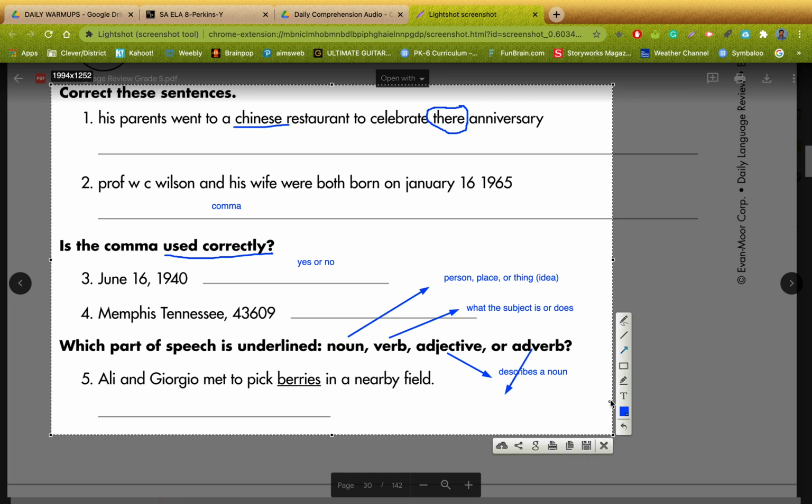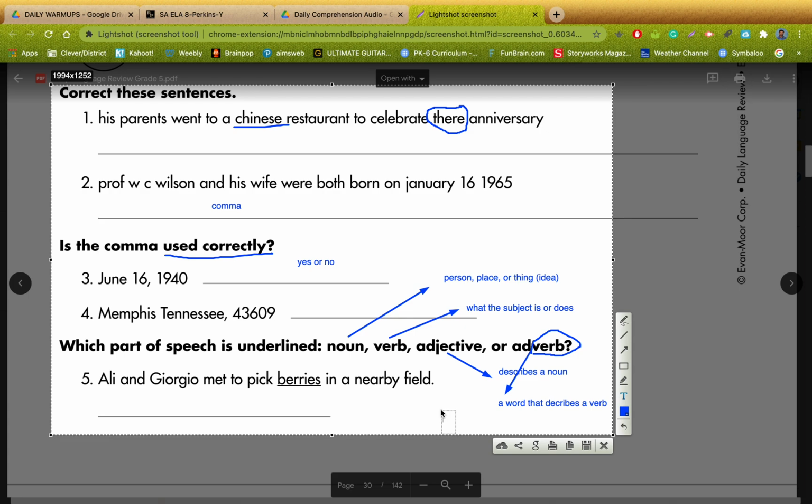Okay. What is an adverb, guys? Well, look in the word adverb. Look in the word adverb right now. Don't you see the word verb? Yeah. So an adverb is a word that describes a verb. That's it.